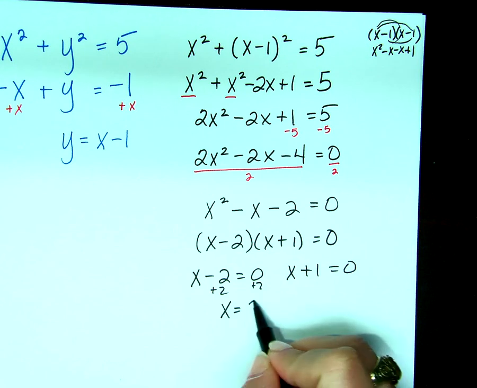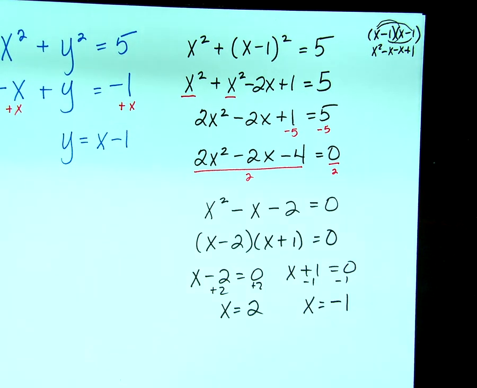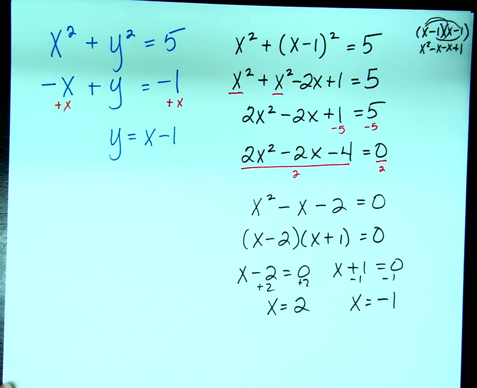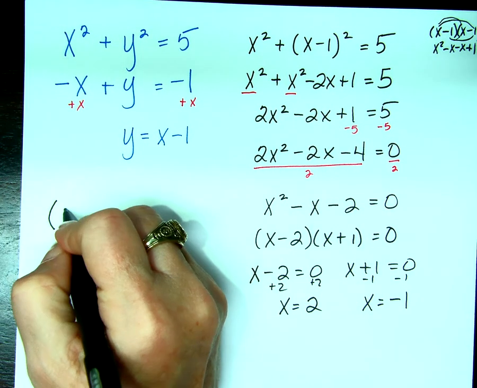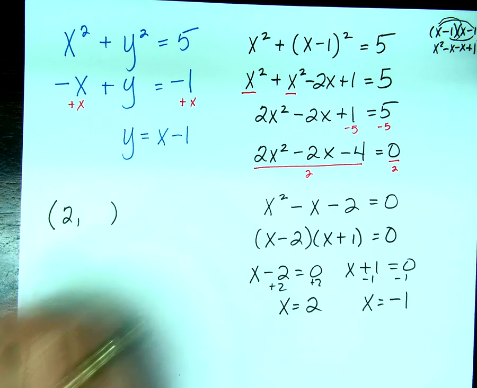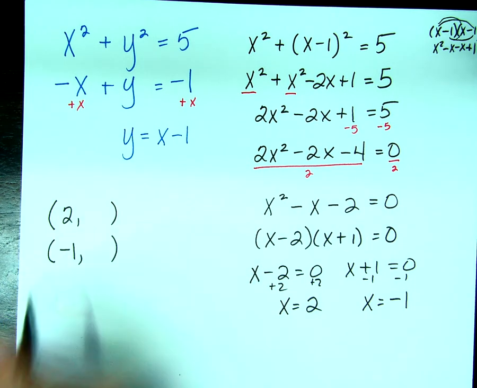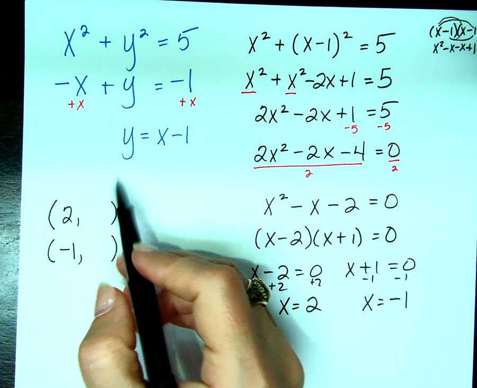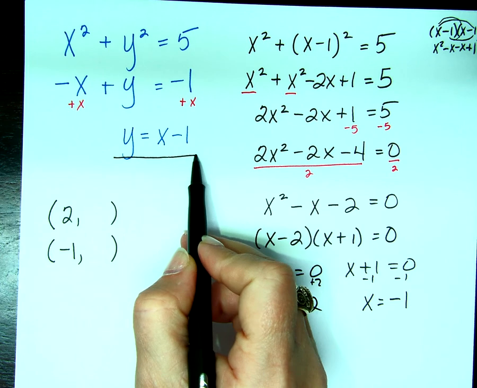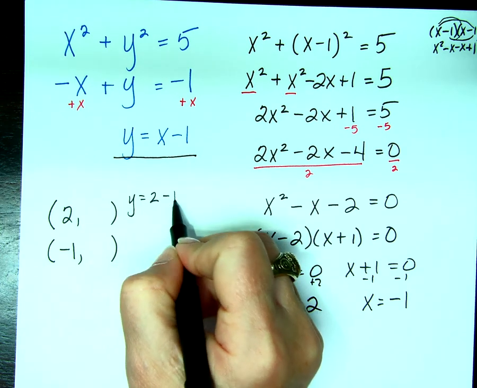X equals, and so how many solutions do I have? 2 solutions, and how does the first one start? 2 comma something, and how does the second one start? Negative 1 comma something, yes? How do I find the something? Can I go right here? Y equals 2 minus 1.